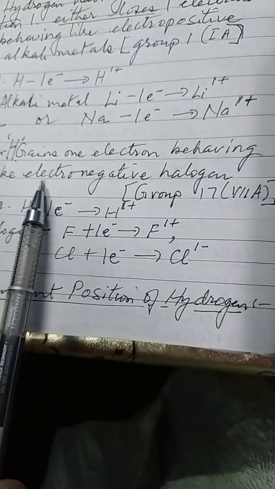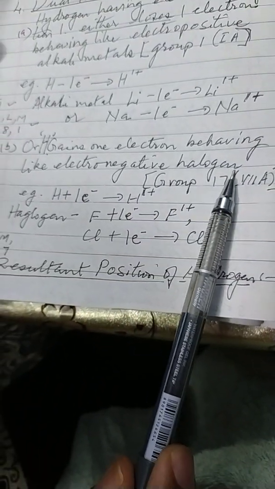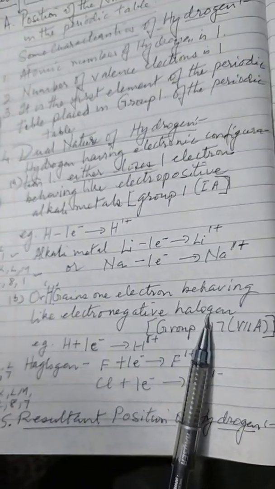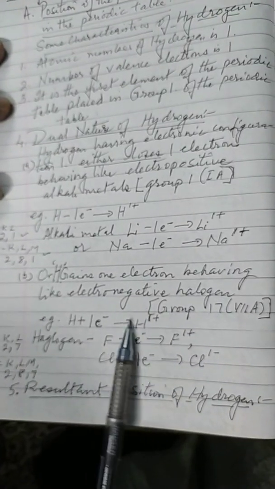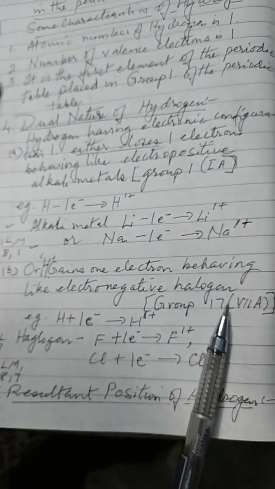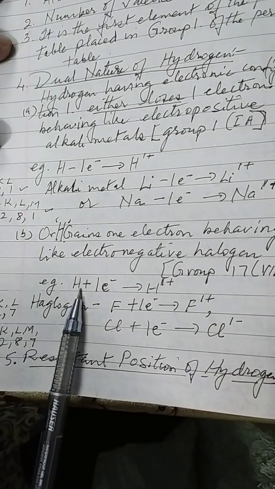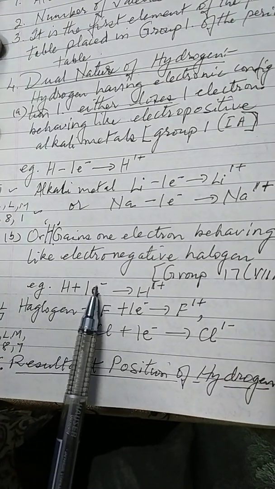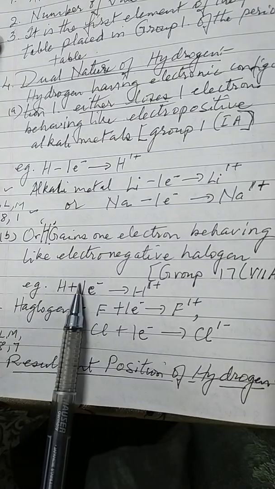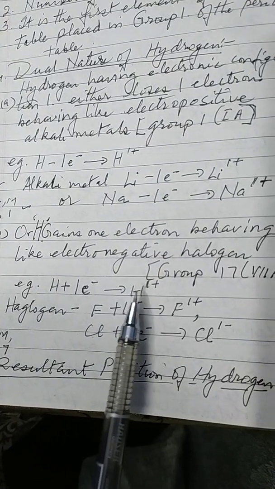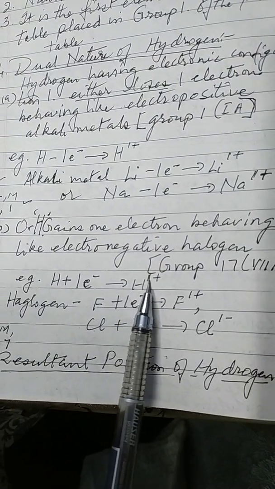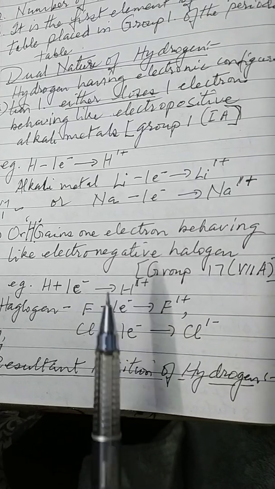Likewise, we saw the other nature of hydrogen. It gains one electron, behaving like electronegative halogens that I had shown you in the periodic table. Here, this is in group 17 or 7A elements. We see hydrogen, when one more electron is added to it, it becomes H1 negative.